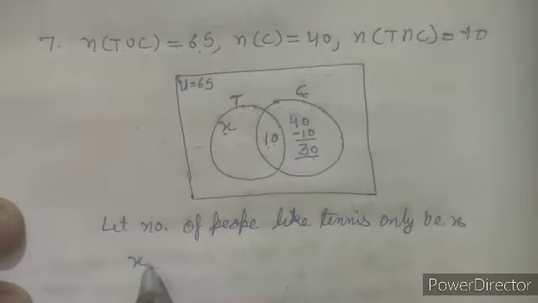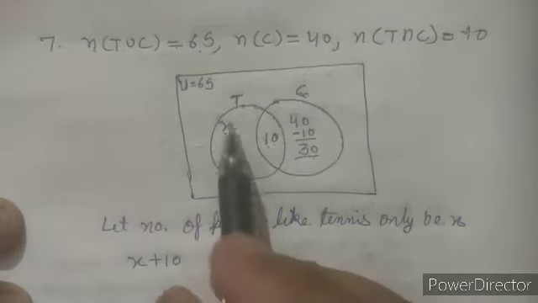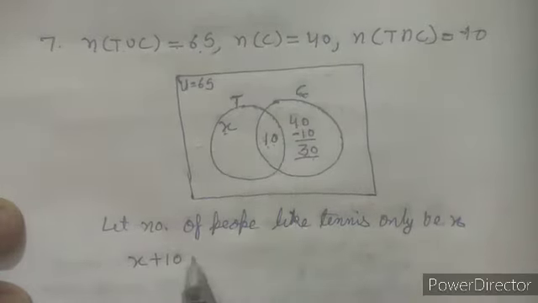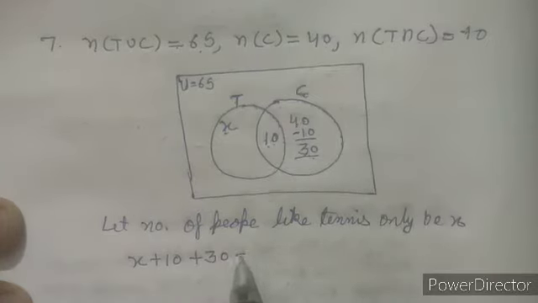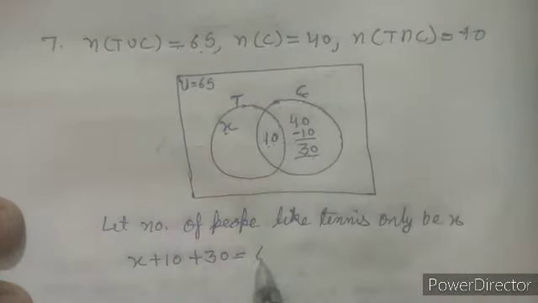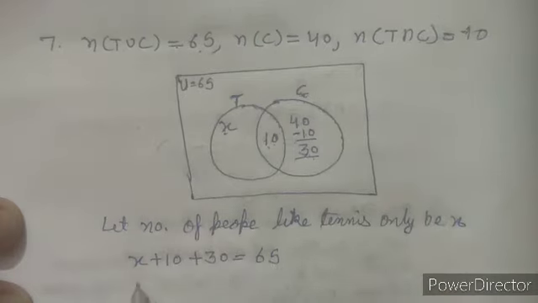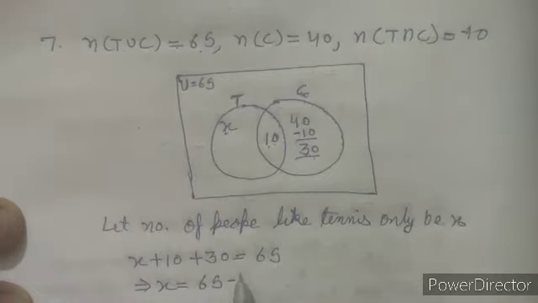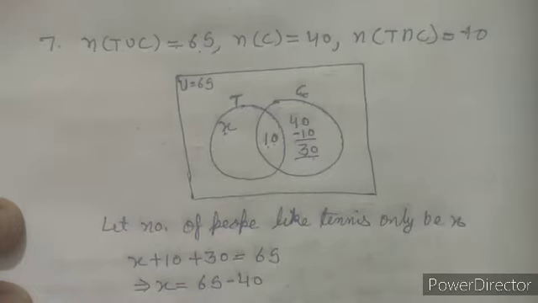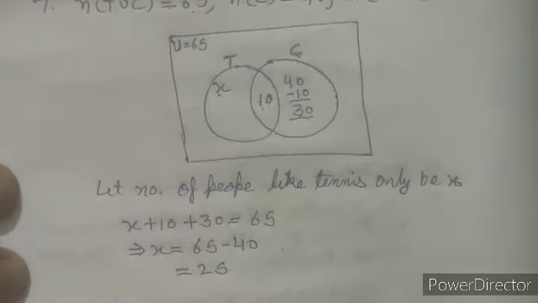So we can say that x plus 10 plus 30 will be equal to the total number of people, and that is equal to 65. And this will give us x equal to 65 minus 40 equal to 25.